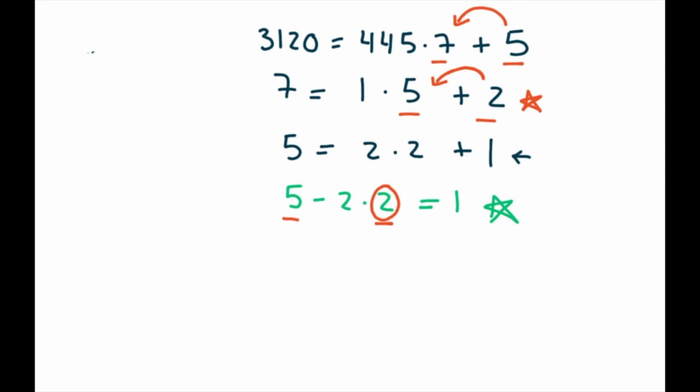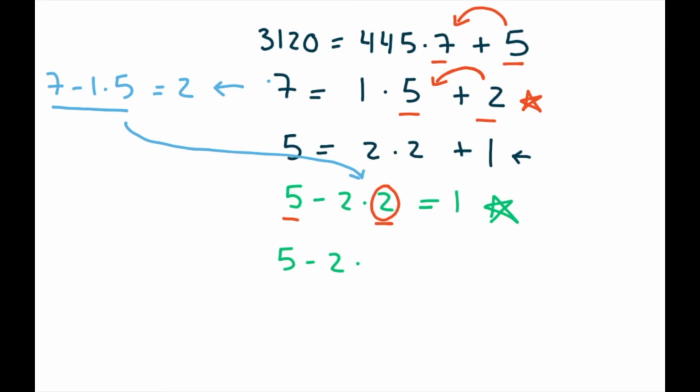So I'll write that over here just to make it really clear. And I'm going to substitute in 7 minus 1 times 5 in for 2 down here. So what I end up with is 5 minus 2 times 7 minus 1 times 5 is equal to 1.